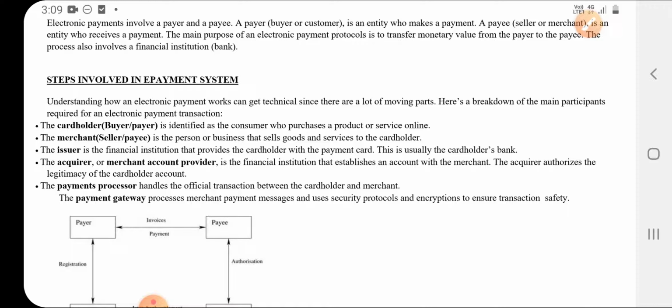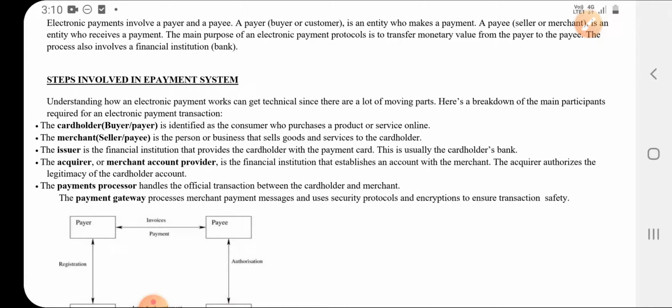Understanding how an electronic payment works can get technical, since there are a lot of moving parts. Here's a breakdown of the main participants required for an electronic payment transaction. The first one is card holder. Who is the card holder?